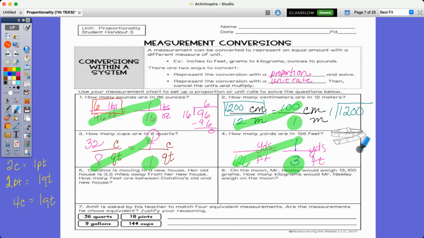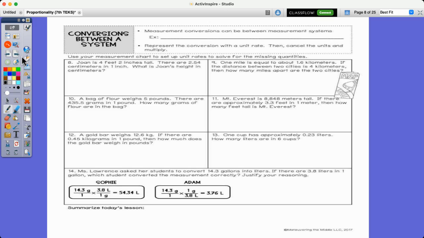That gives me 126 divided by 3. 3 goes into 12 4 times. Subtract, bring down. 3 goes into 6 2 times. There are 42 yards in 126 feet. Okay, you're going to be using your star chart and you're going to answer questions 5, 6, and 7 on your own.